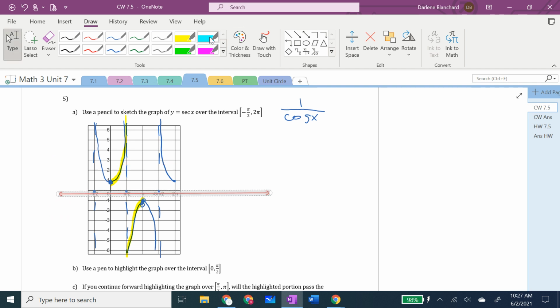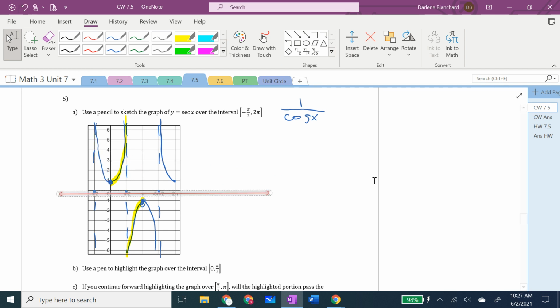But if I were to take this section from -pi over 2 to 0, that would not pass. There we go. That would not pass the horizontal line test if I use -pi over 2 to +pi over 2.